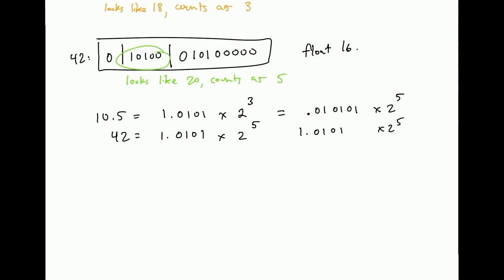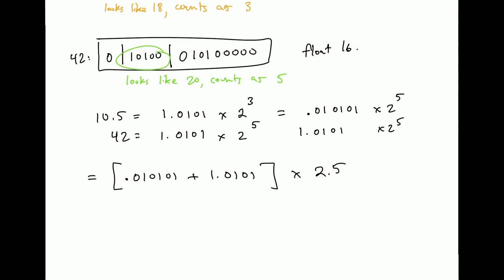By making them have the same exponent, that means that I can do the following. I can say, all right, I'll do 0.010101 plus 1.0101, whole thing times 2 to the fifth, right? If both terms have a 2 to the fifth, can I factor that out? Yeah.